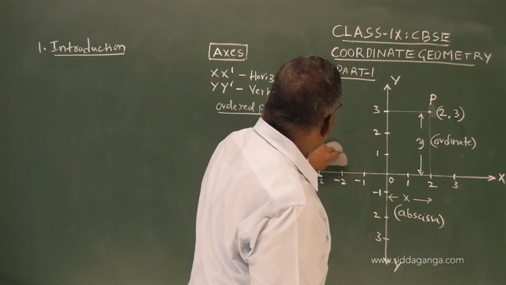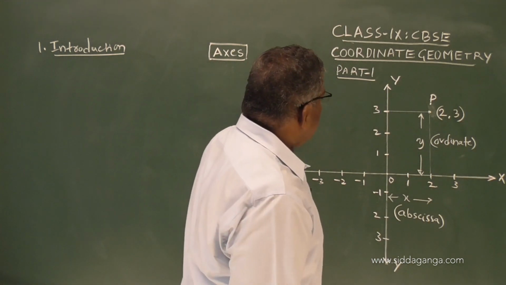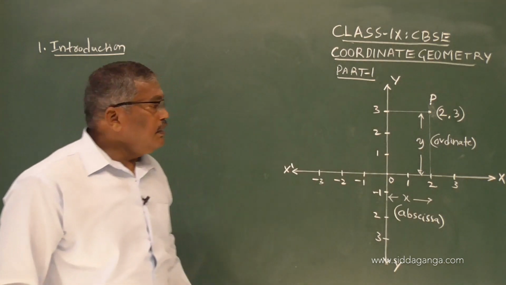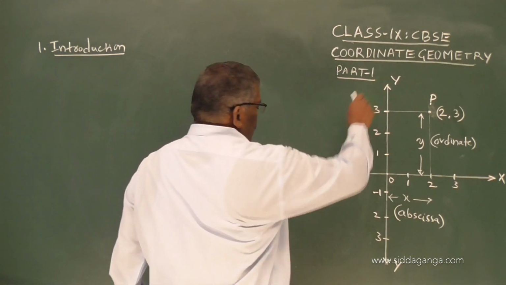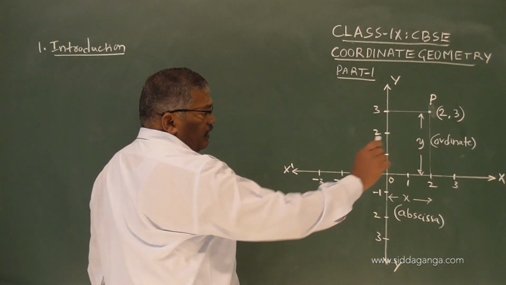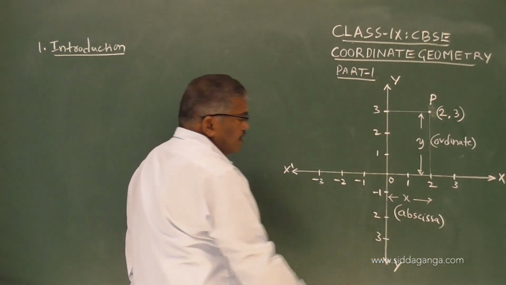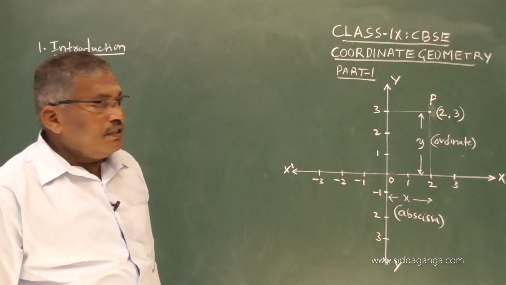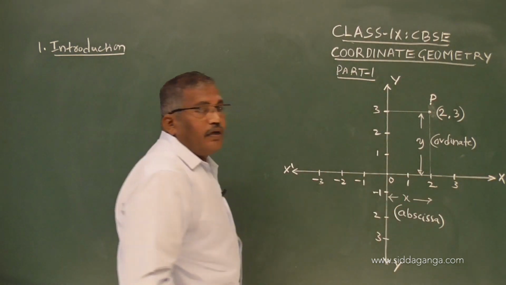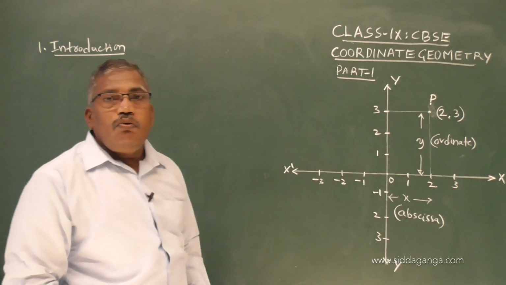Before that, I will tell you some more things. In the coordinate system, the x-axis is the horizontal line and the y-axis is the vertical line. These two lines divide the entire plane into four parts.